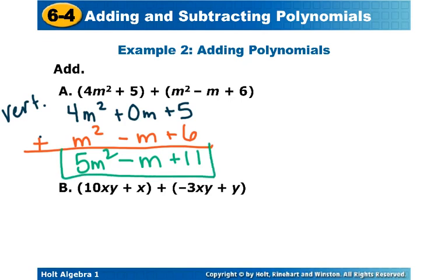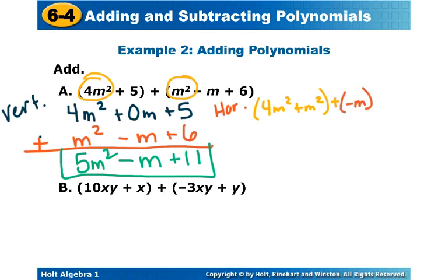Now I'm going to show you with the horizontal method as well. So just take in the original problem now, group the terms that are similar. So you have 4m squared and m squared. So then that's going to become 4m squared plus m squared plus, you just have that negative m term.